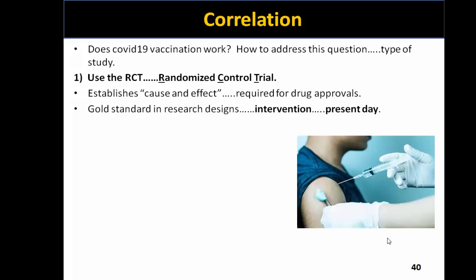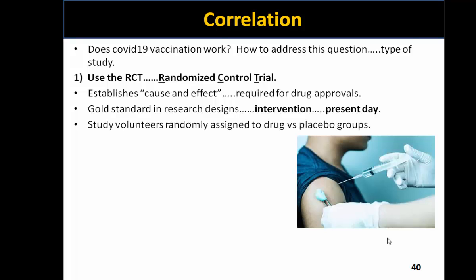The RCT is considered the gold standard in research designs. It involves the use of an intervention. The intervention in a study like this would be the application of a vaccine. And that is something that is examined in the present. It doesn't use historical data, so the data are collected in the present and moving into the future.